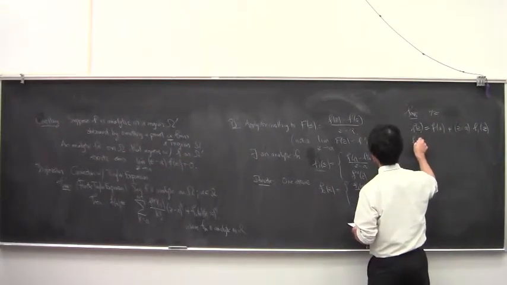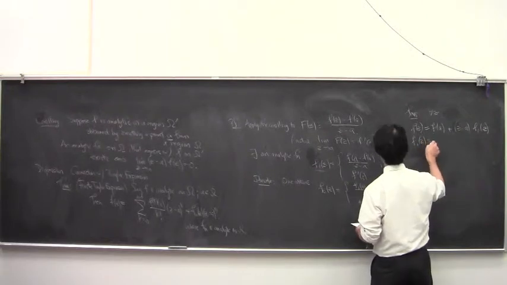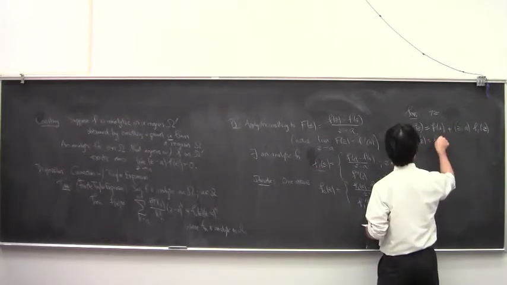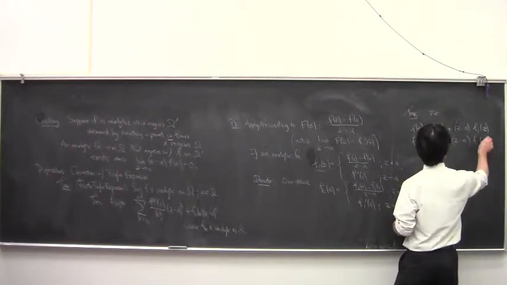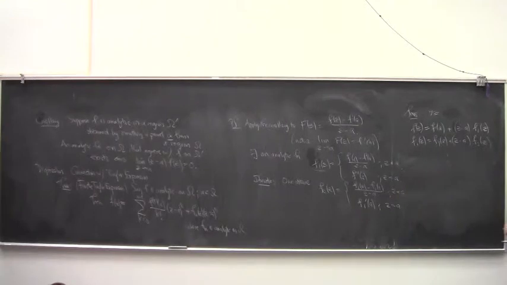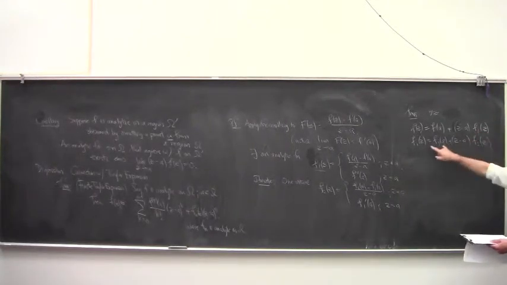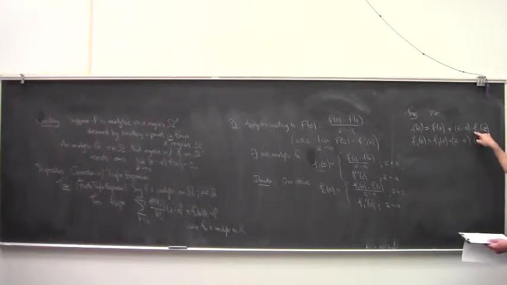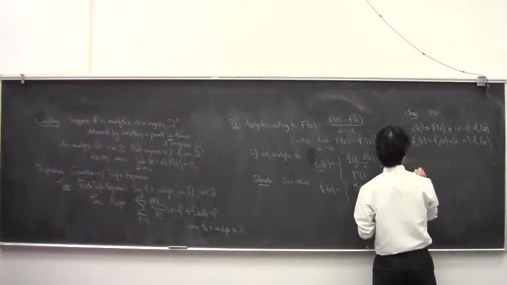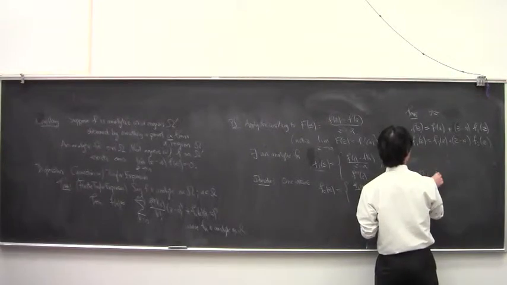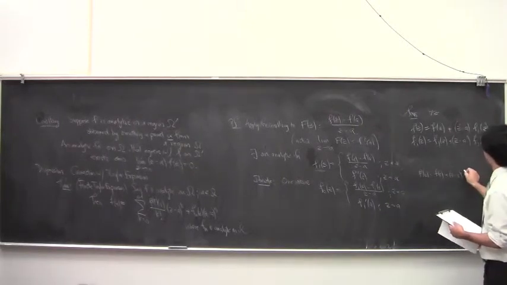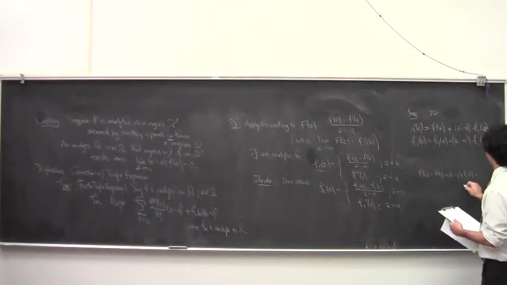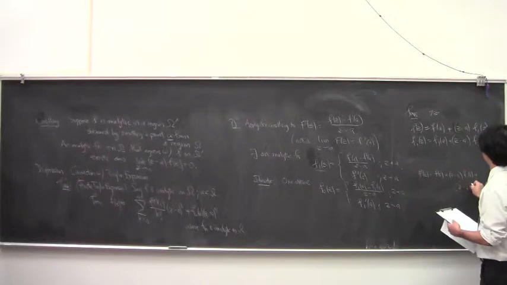Now similarly, f1(z) is going to be f1(a) plus (z minus a) f2(z), and so on and so forth. If you substitute this in for f1(z), you get f(z) equals f(a) plus (z minus a) f1(a) plus (z minus a) squared f2(z).